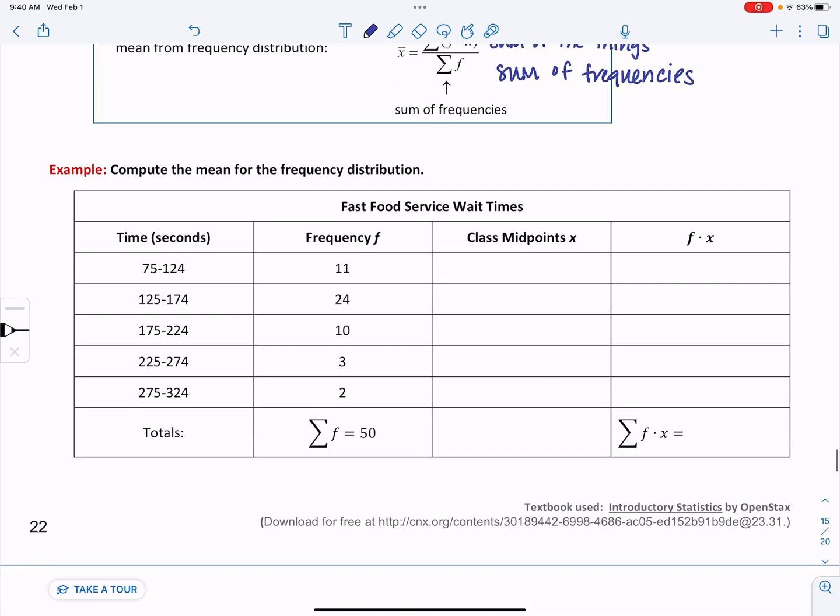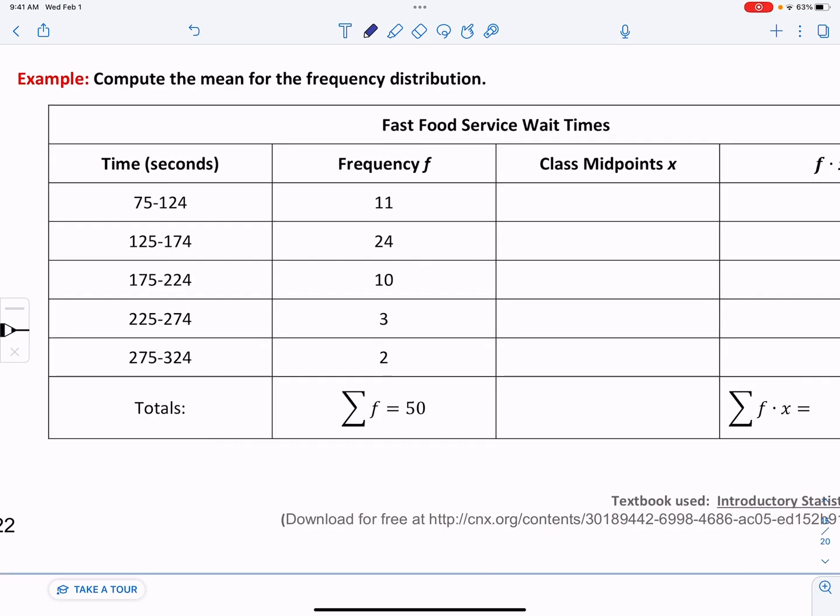So here we go. Remember, when we're looking at a frequency table, the frequency is the number of people who had to wait between 75 and 124 seconds for their food.